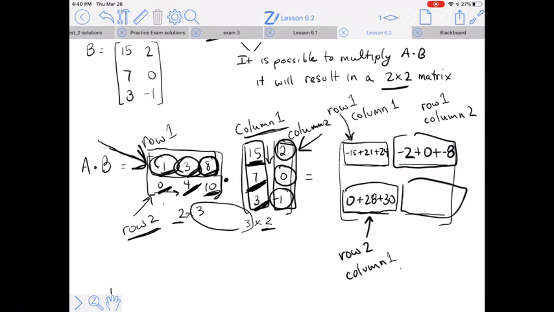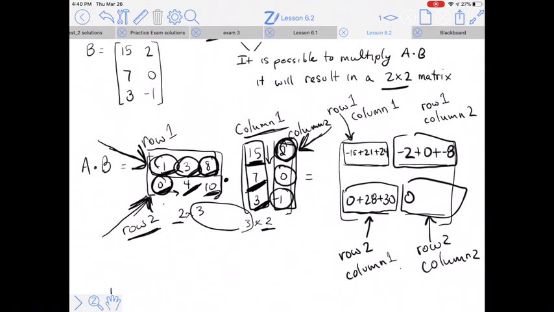And finally, this one here, that's row 2, column 2. So now I need row 2, and I still need column 2. So I take the first entry in row 2 and the first entry in column 2.